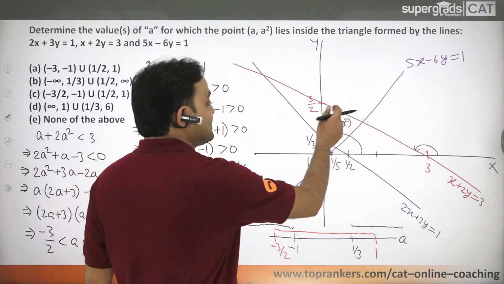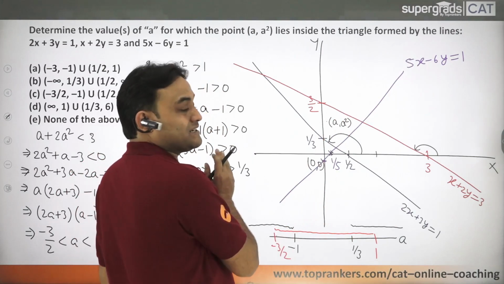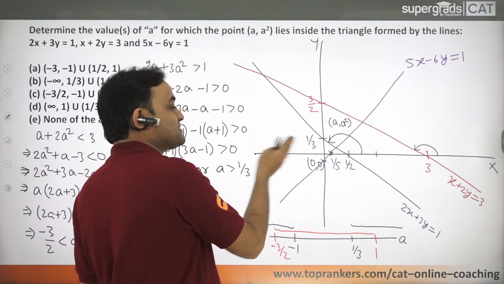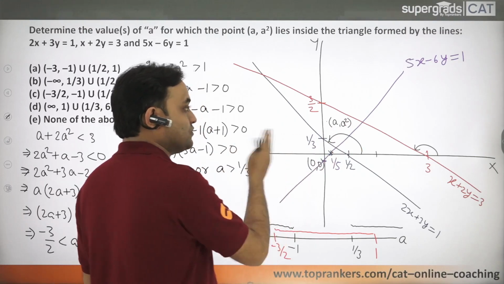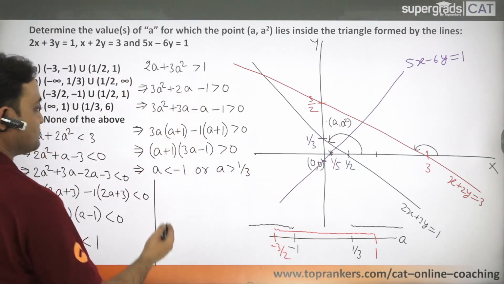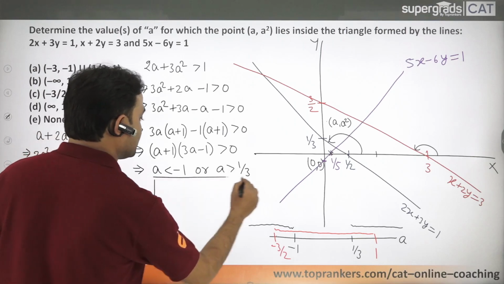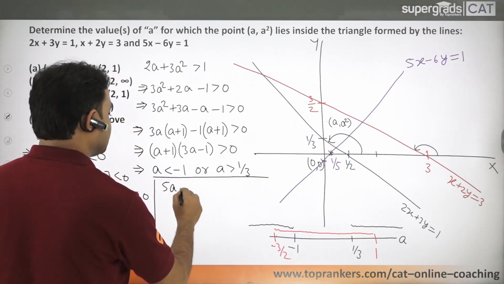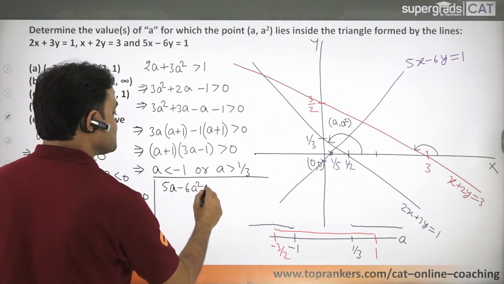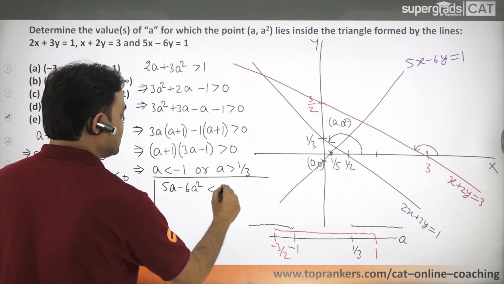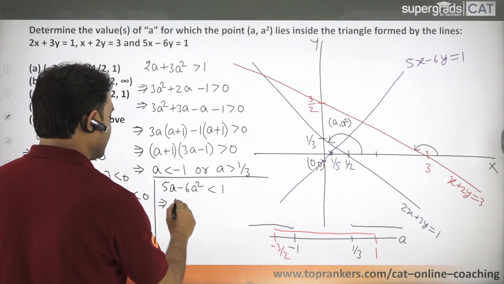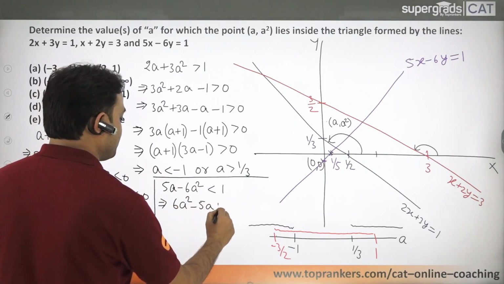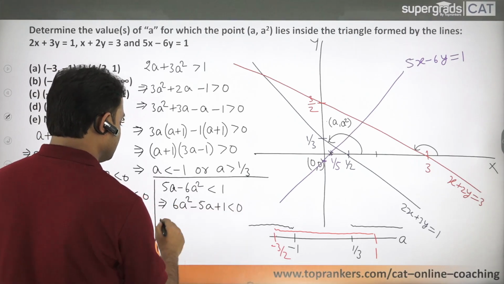So where is this point? On this side, we are getting less than 1. A square is on the negative side, so we are getting less value. So in that case, if I put the values here, 5a minus 6a square should be less than 1. Or we can write this as 6a square minus 5a plus 1 should be less than 0.